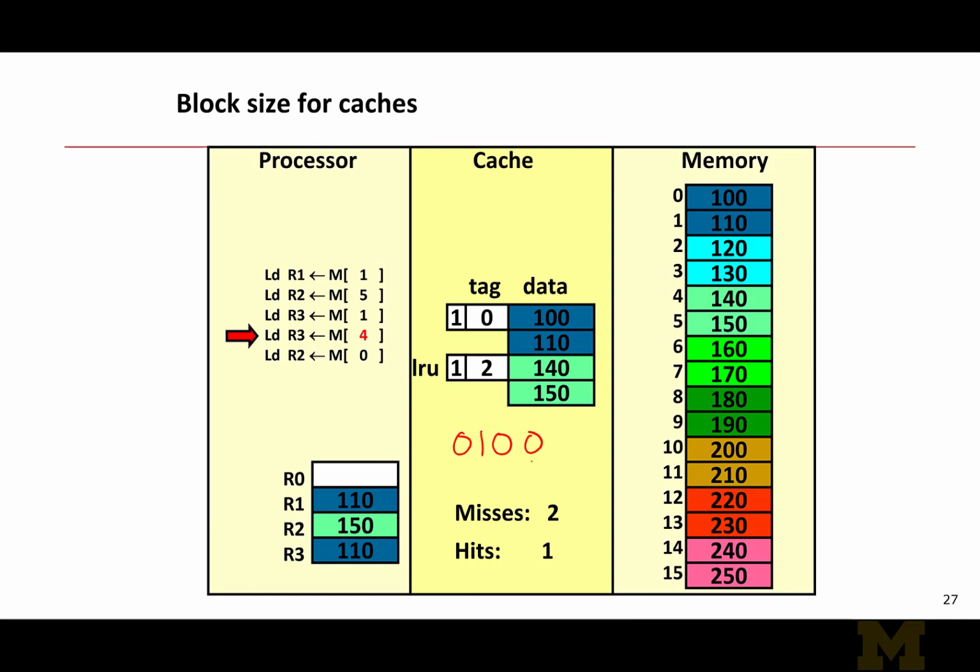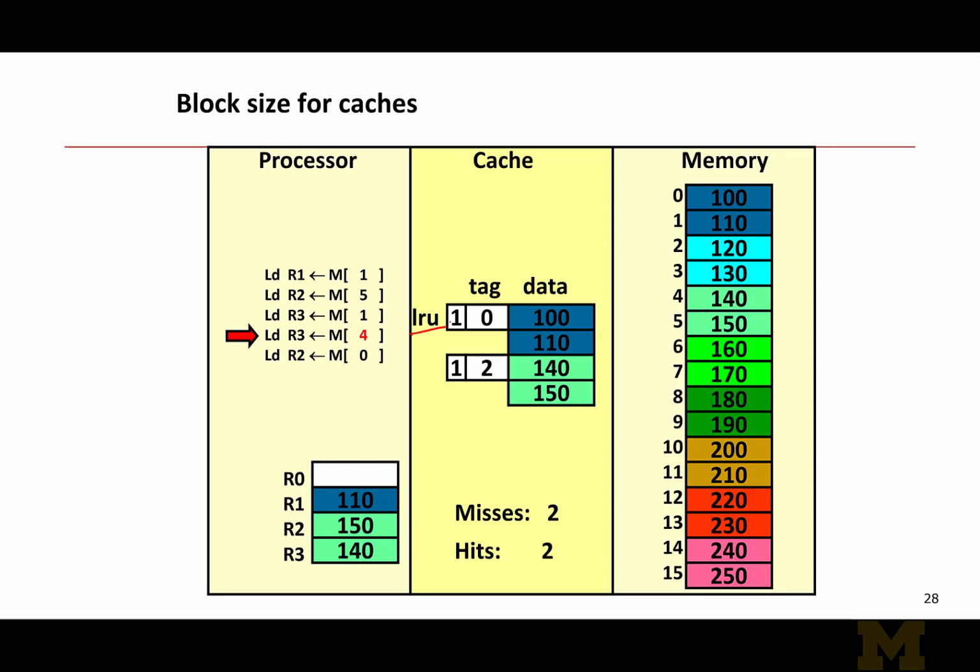If I split that into tag and block offset, I will notice that the tag 2 matches with that of the tag that I have stored here, and then I would use this block offset to get my correct byte. So address 4 corresponds to this byte, and so I would have to write the register 3 with this data 140. So that's what I would do, and then make sure that my LRU is updated accordingly.